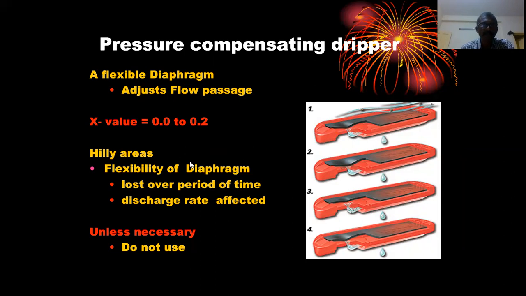So the pressure compensating drippers would work very well for a few years. Then after some time, after the flexibility of the diaphragm is lost, it will not function very well. And so unless it is needed, better not to go for pressure compensating drippers, and they are also costly.